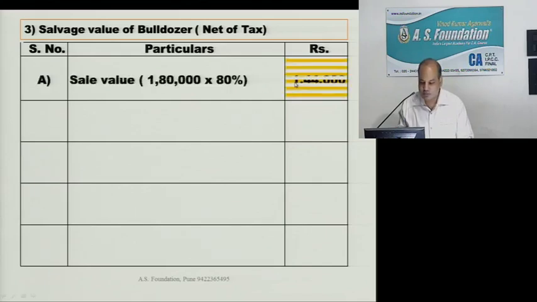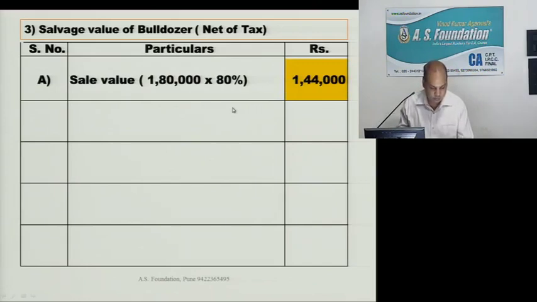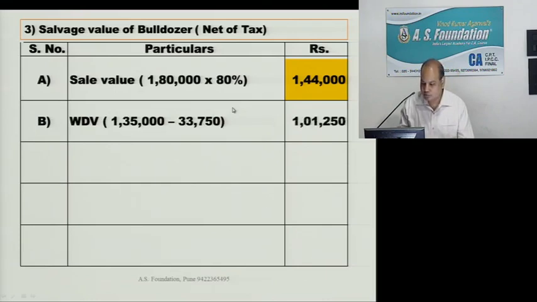Write down. First write down salvage value, 1 lakh 44,000. WDV on the date of sale: 1,35,000 minus 33,750. Can you go to the previous working note and check the last two numbers?